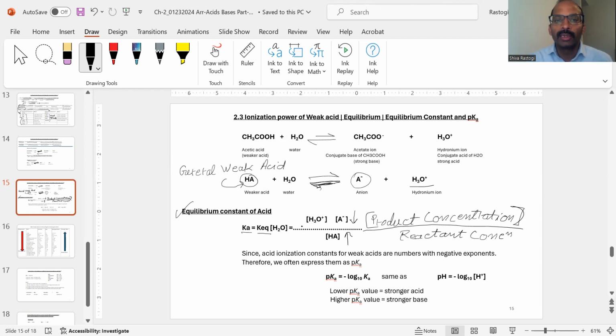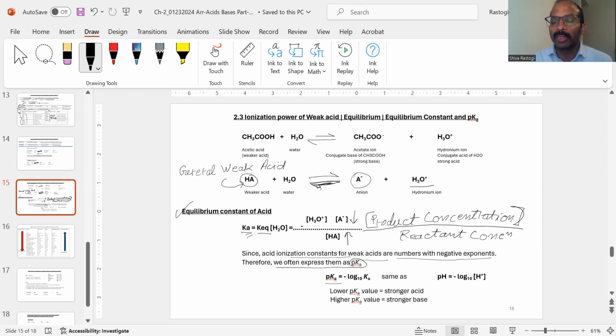Because of that, ionization constants for weak acids are numbers with negative exponents. Therefore, we often express this value in terms of the pKa value. When we get the Ka value from this equation, we then calculate the pKa. If we take the negative log base 10 of Ka, we get the pKa value.